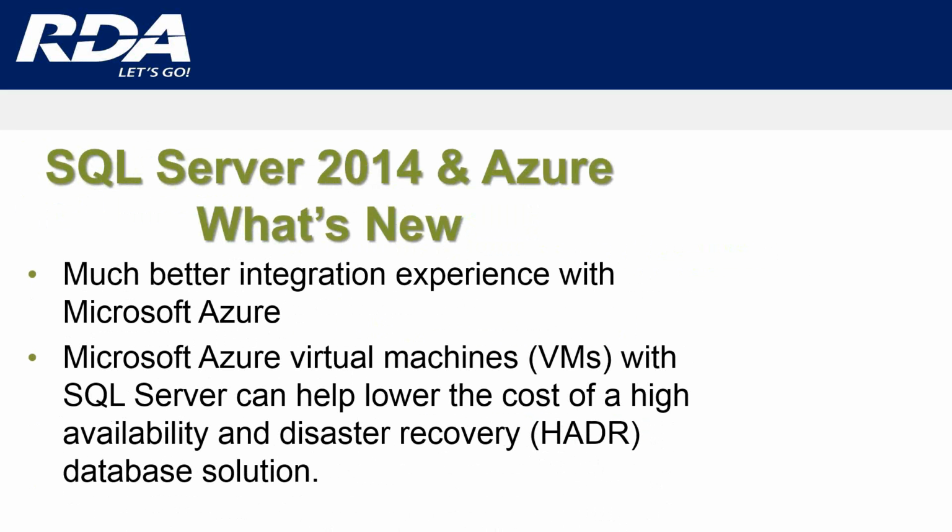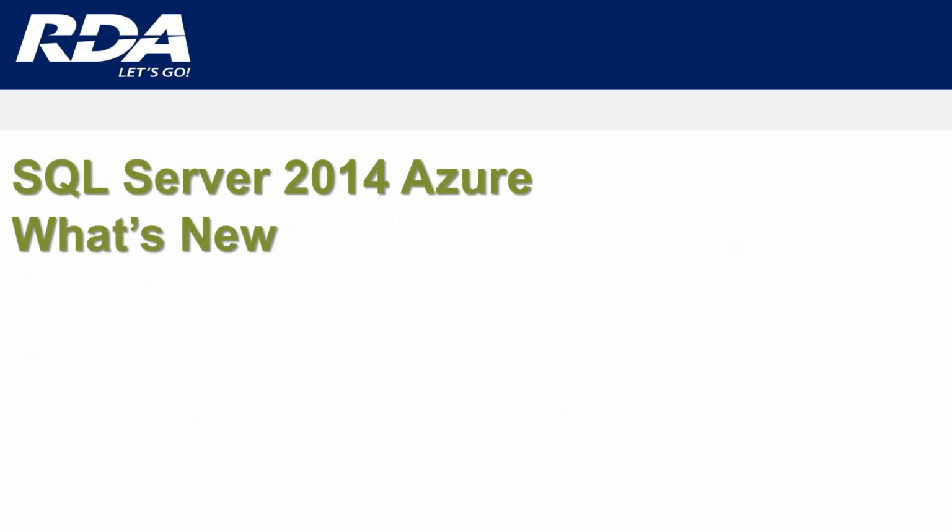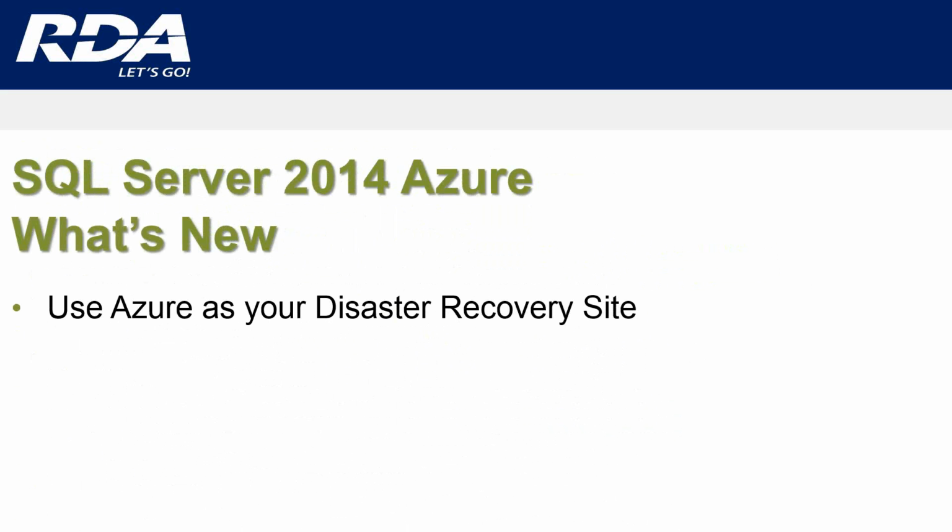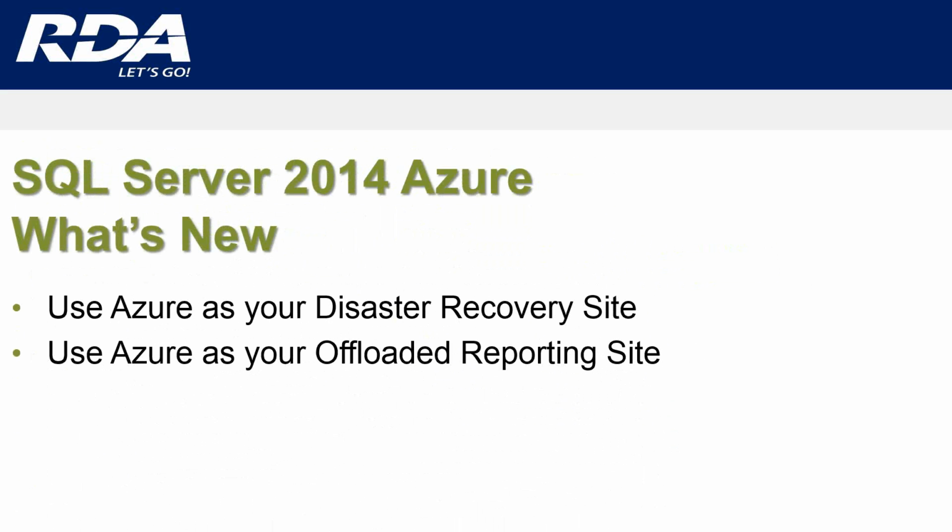Now, before we get too deep into Azure, I wanted to take a step back and show you some things. First off is how we can use Azure as your disaster recovery site. Another thing is how you can use Azure as your offloaded reporting site.